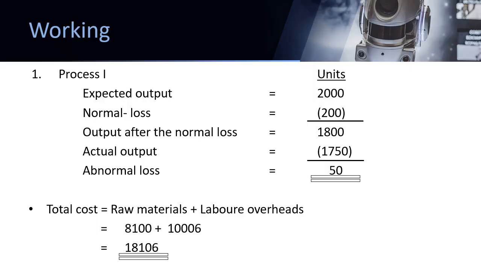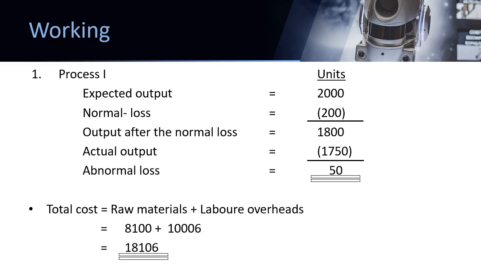First, we can calculate process 1. Expected output 2000 units minus normal loss 200 units. Answer is 1800. It is the output after the normal loss units. Output after the normal loss units minus actual output of 1750 units.